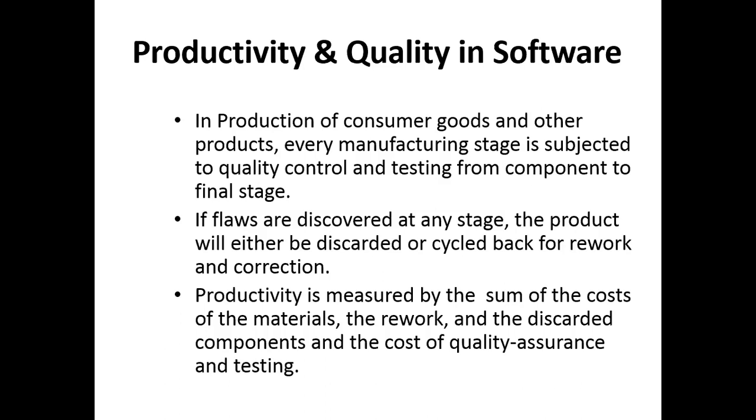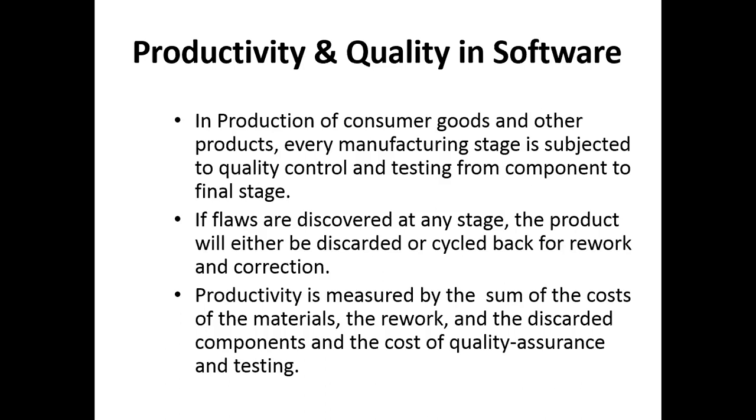Productivity is measured by the sum of the cost of the material. Software is not a physical product, so we don't have materials, but the material is the other software you need to develop this software. You need development time, human resources, the various roles and designations in the project team, and the discarded components.